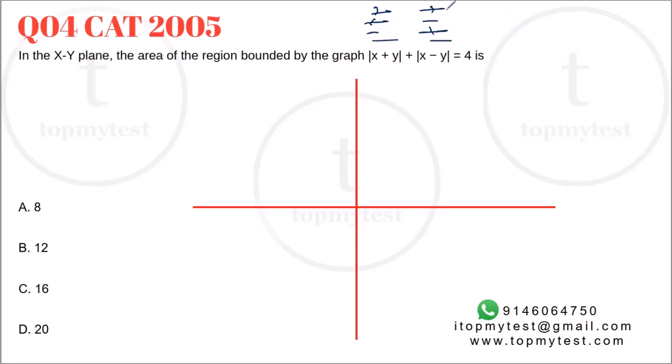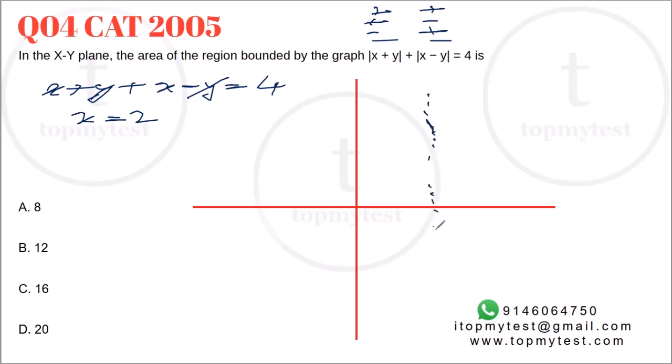Now, when both of them are positive, you will get x plus y plus x minus y equals 4, right? Which means x should be equal to 2. So it will be a vertical line. X is equal to 2. Now, if I take the second case, you will get x plus y is positive, but x minus y is negative. So when you put the modulus, it will open a negative one.